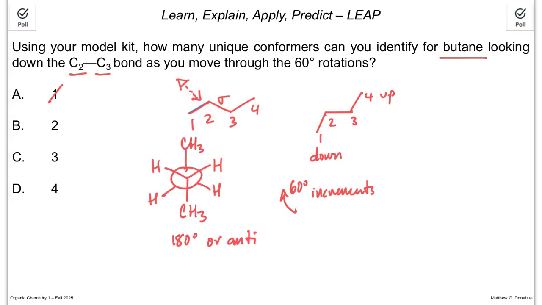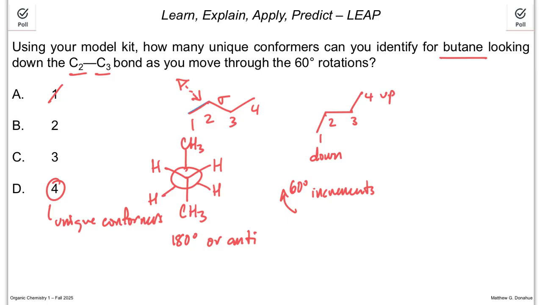Any guesses? So it's 4. So we have 4 unique conformers. We should have 2 staggered and then 2 eclipsed.